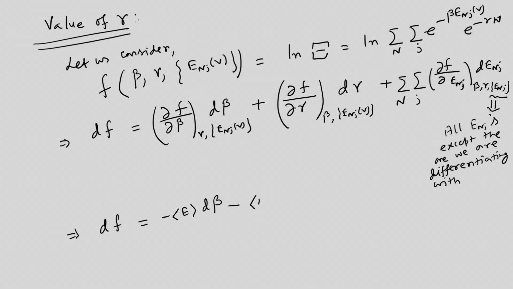The second term is nothing but average number of particles, and the third one is giving us beta times P average times dV. So we get df is minus E average times d beta minus n average times d gamma plus beta P average times dV.